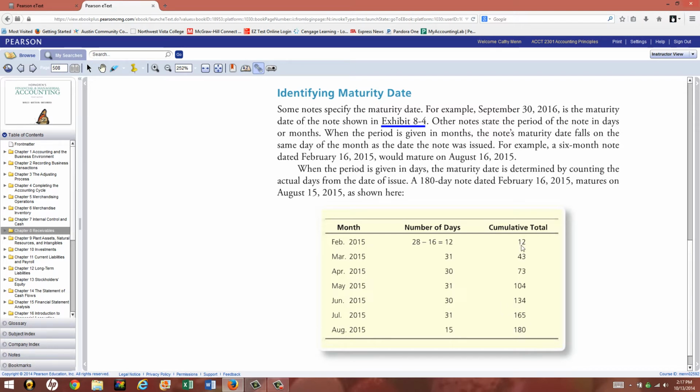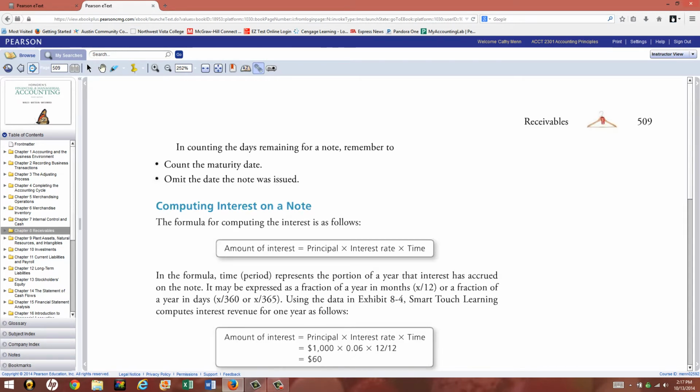So you just keep a cumulative running total as you go through listing these. And when you get to the number 180, that would be on August the 15th. So that is the due date for this note that had 180 days and was issued on February 16th. So it is due on August the 15th.